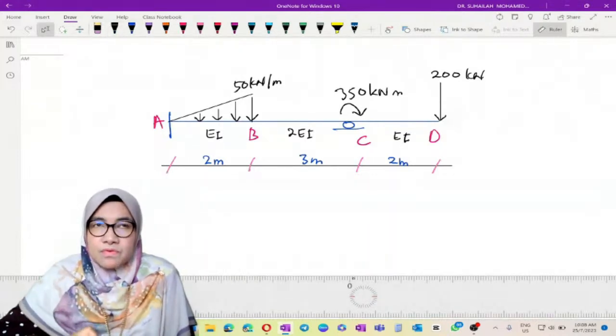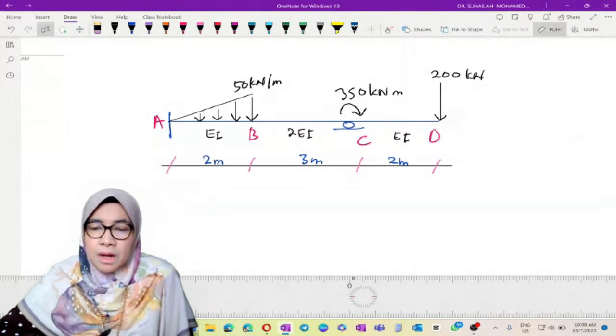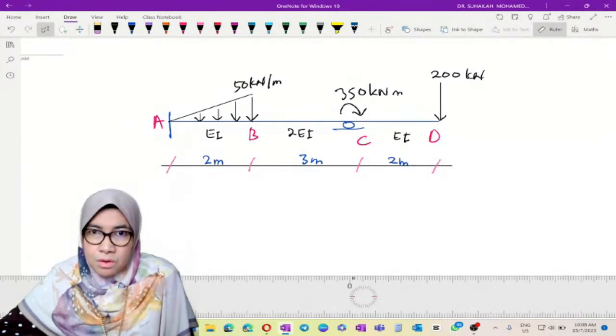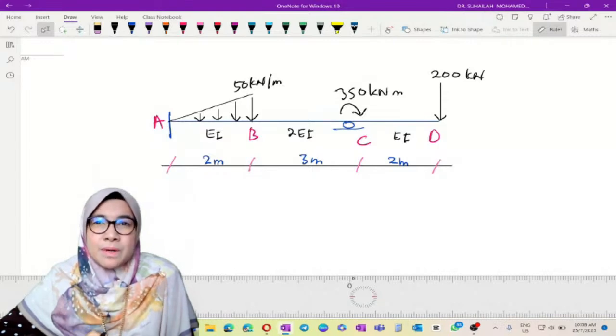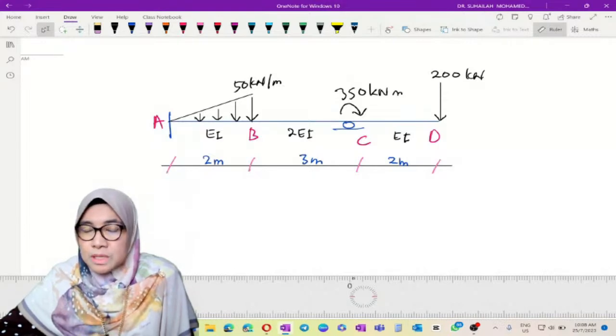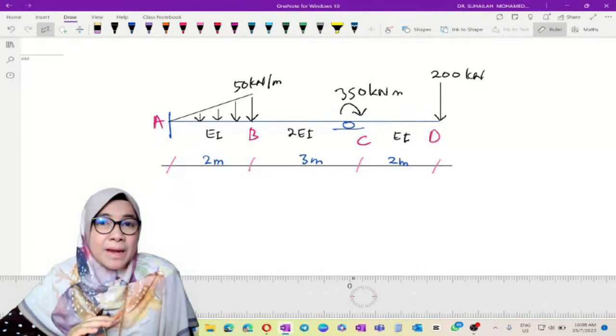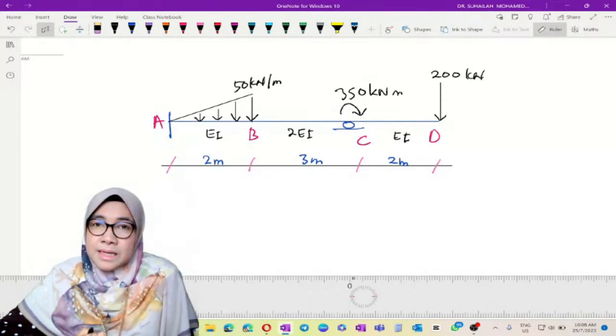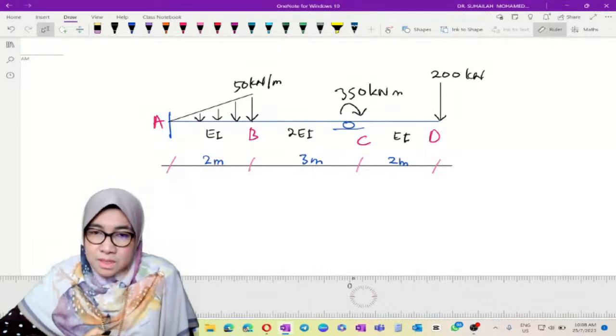For the first part of this video, I would like to explain how we draw the possible primary structures, how many possible primary structures there are, and the redundant of each primary structure.